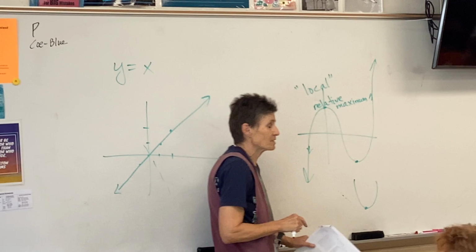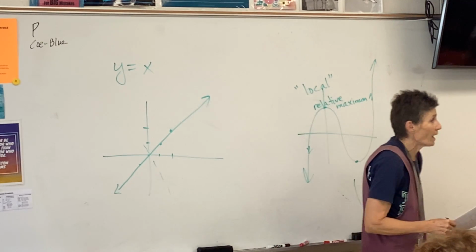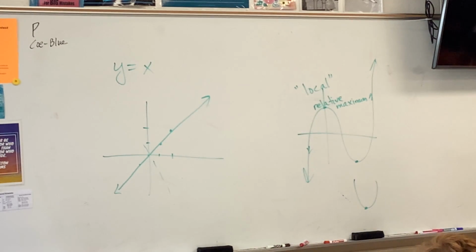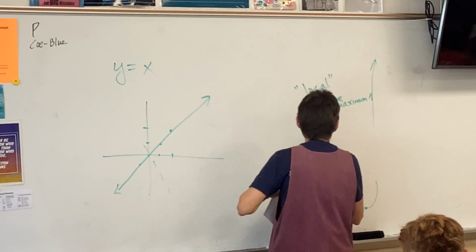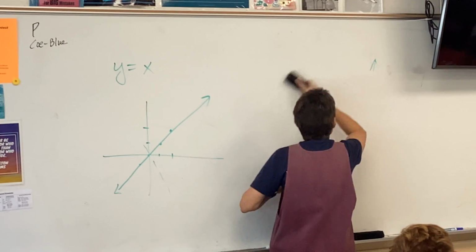So when we talk about extrema, we're looking for high points and low points. The line doesn't have any. The line has no asymptotes. Right? However, we have end behavior, and we need to discuss this.